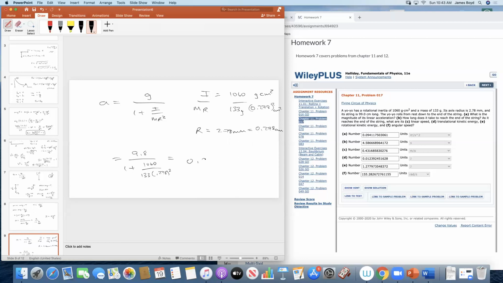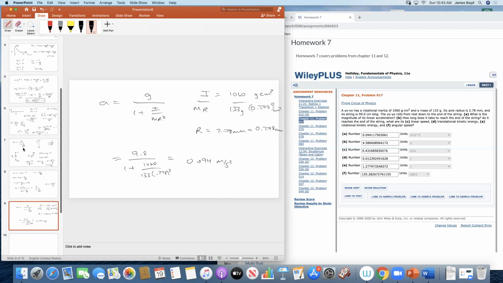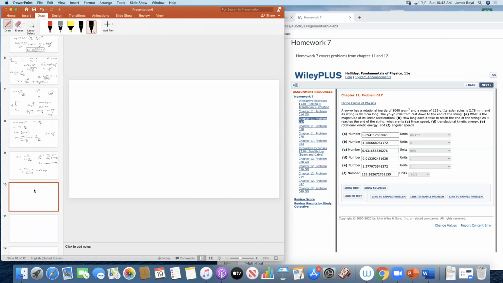So this is 0.09411750031 meters per second squared. Okay. You didn't need to change any units except for the radius had to go to centimeters. Be careful with that. It's one of those Wiley plus things where they try to trick you.